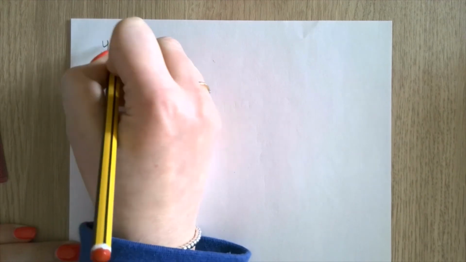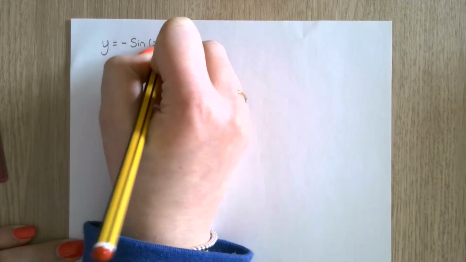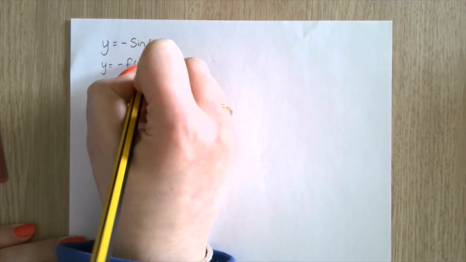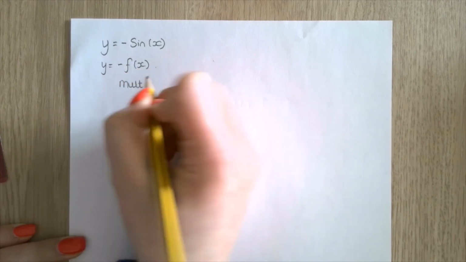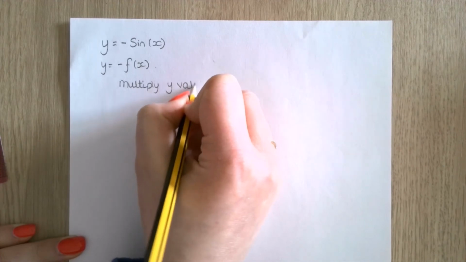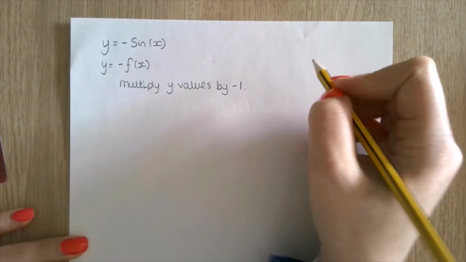Okay, something slightly different here. Y equals minus sine of x. So here I have y equals minus f of x. So I'm going to multiply my y values by -1.